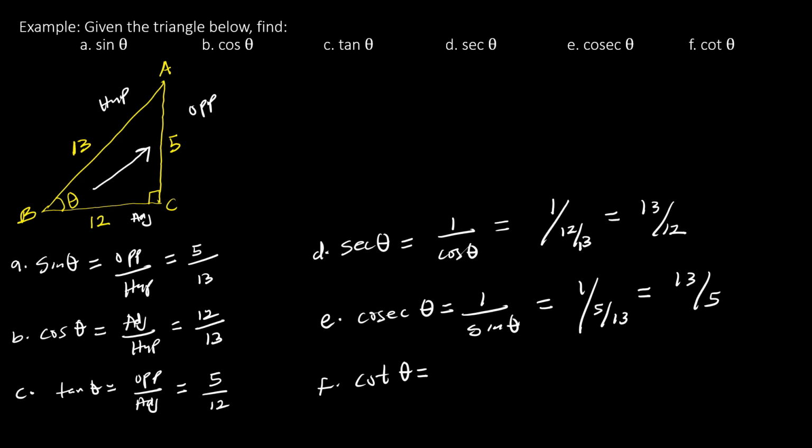Cot theta is the reciprocal of tan, so this is 1 over tan theta, and this equals 1 over 5 over 12. Wow, that is 12 over 5. And that's simply how we can find our sec theta, cosec theta, and cot theta.